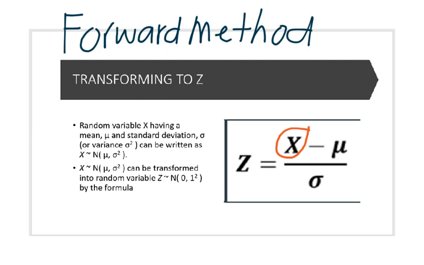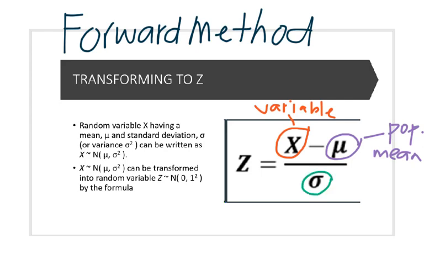So 175 cm is our value of the real variable, the height. The mu here is the population mean, which I write in short form as POP for population, and the sigma represents the population standard deviation.